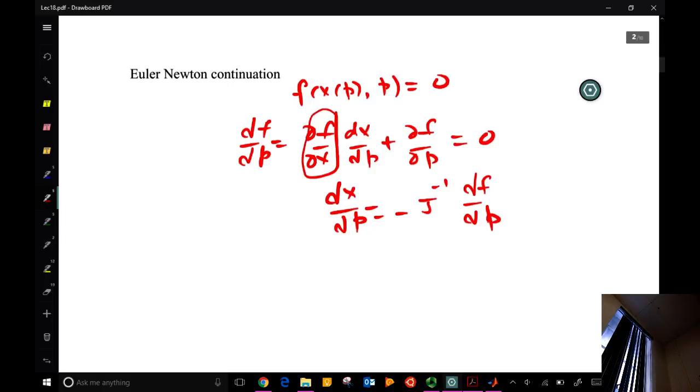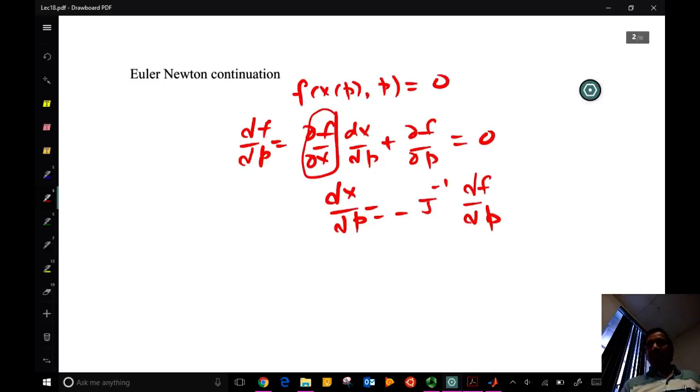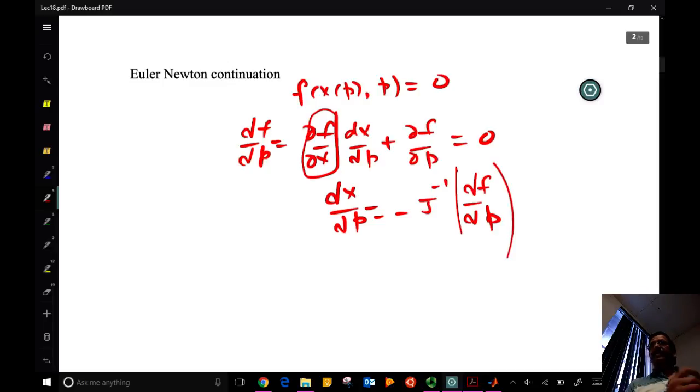That is your J. That is your Jacobian, right? The derivative of every one of those functions with respect to every one of the unknowns. That I already know in the Newton method. I have already calculated that at the converged value. In the last iteration, when I save that J, I have that information on the tangents. So if I take that and multiply it by this df dp, I get the tangent vector.